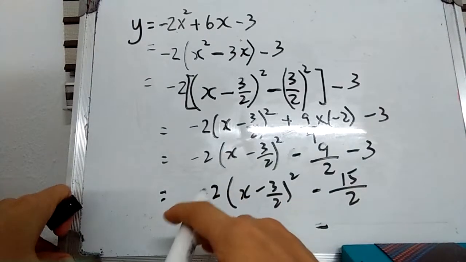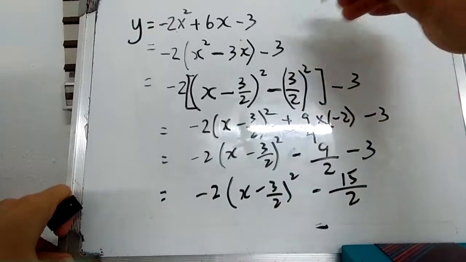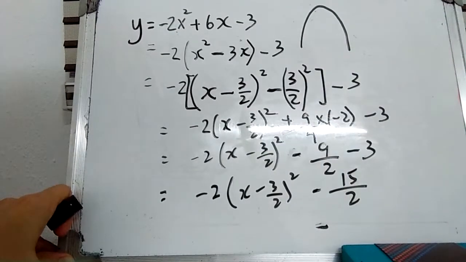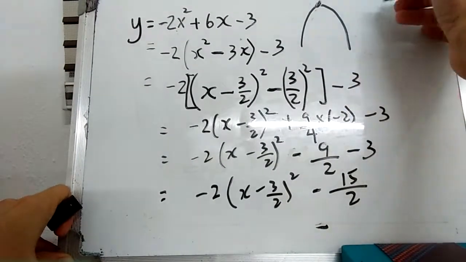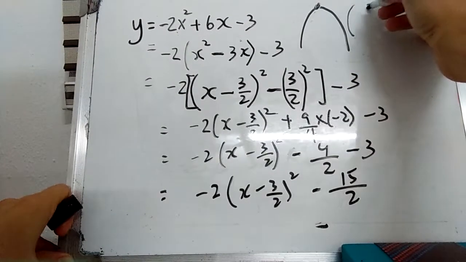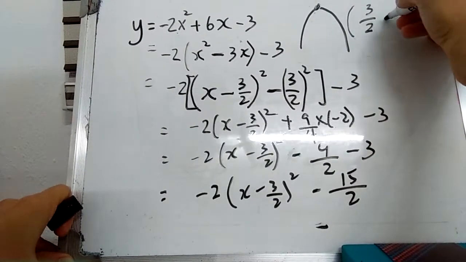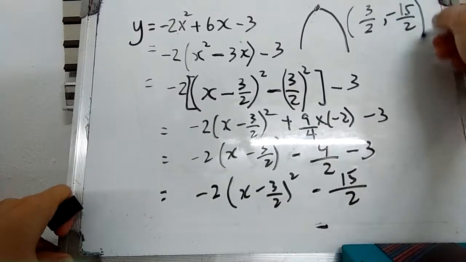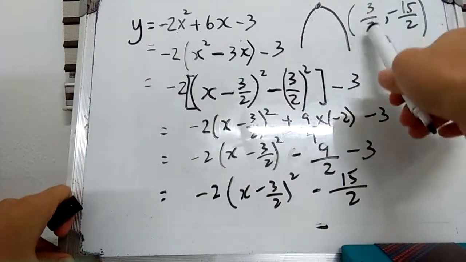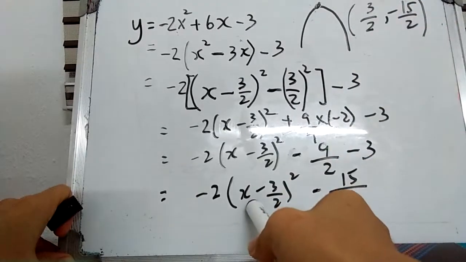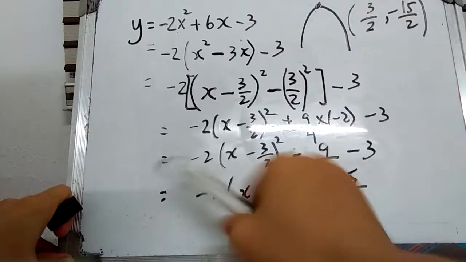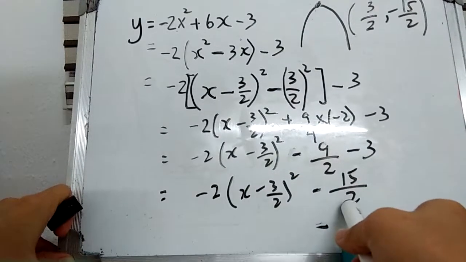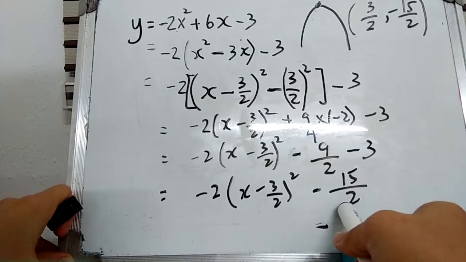And because the coefficient here is negative, the graph will look like this, an N shape with a maximum value at 3 over 2 and minus 15 over 2. When you substitute 3 over 2 into here, you get a value of 0 here, and that indicates that this negative 15 over 2 is the maximum value.